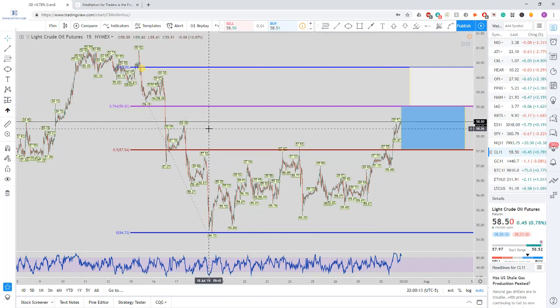What happens when you meditate is things just start popping into your mind all of a sudden. Through the meditation, one day, the 76.4% level really started sticking out in my head, and I started thinking about it for no reason because I never had really thought about it too much before. So I started messing around with it, and one thing I noticed over and over again is that a lot of times when price hits the 76.4 level, you get a lot of movement off of it.